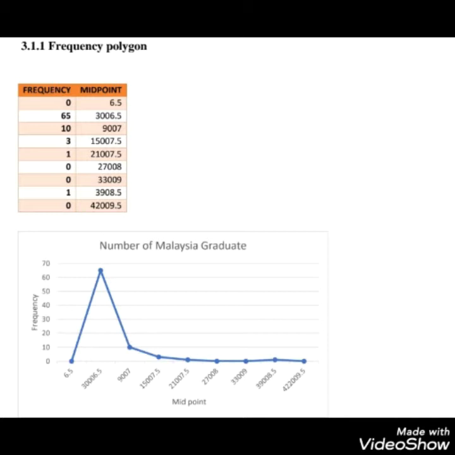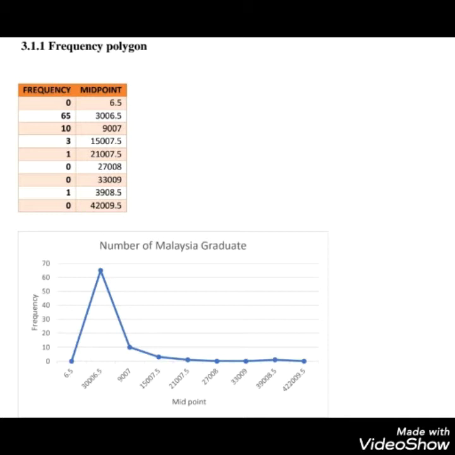Before that, let me explain how to get the data. Firstly, based on data, there will be a frequency and also the class. The frequency is already given. For the midpoint that we have to get, based on the class, take the early number and the end number which have been given, total both of them and divide by 2.